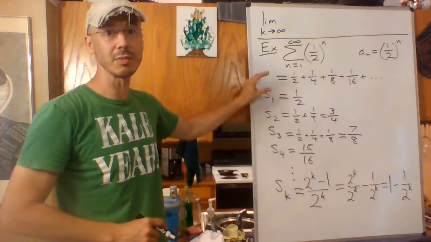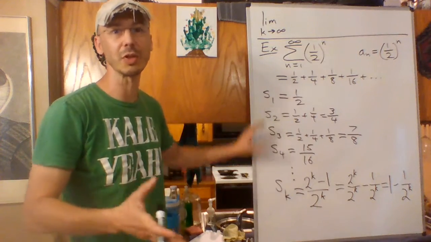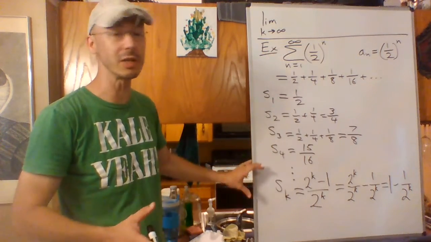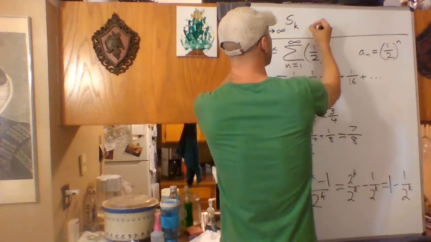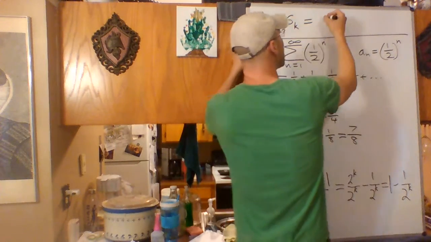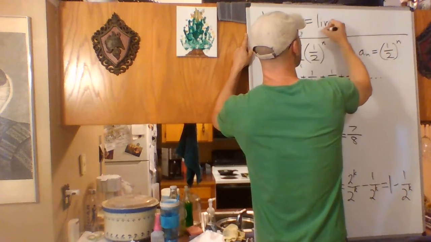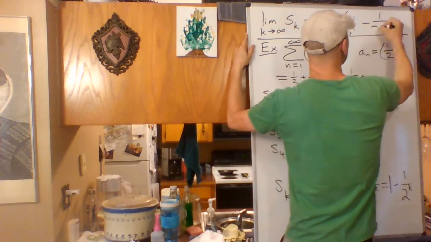The limit of this sequence of partial sums. I'm getting closer and closer to what this is. Well, in the limit, it should be the same. The limit as k goes to infinity of s_k, the limit of the partial sums, is, in this case, the limit as k goes to infinity of 1 minus 1 over 2 to the k.